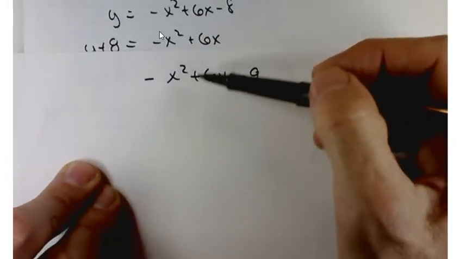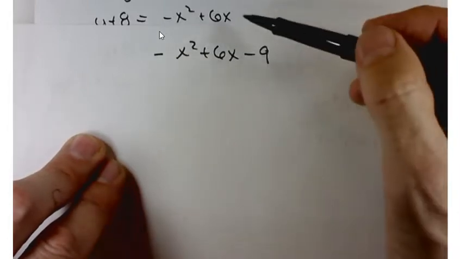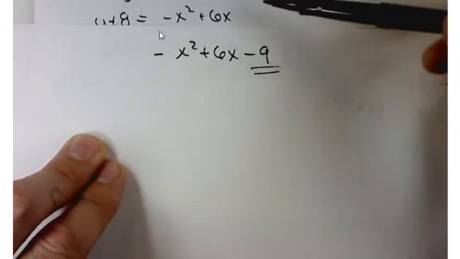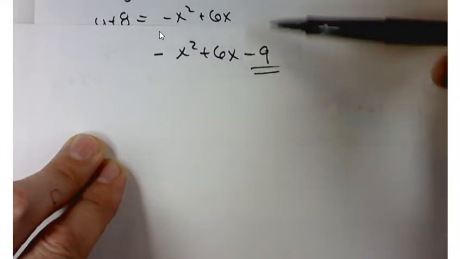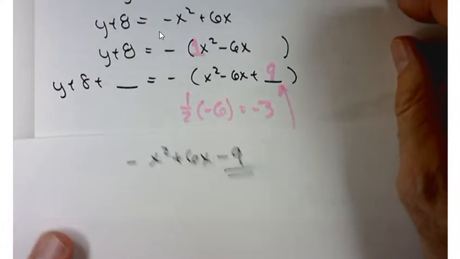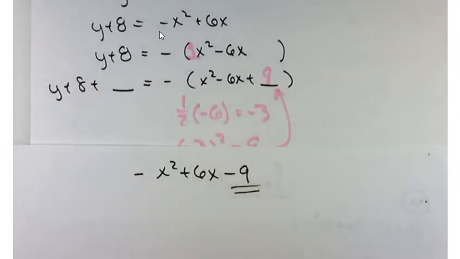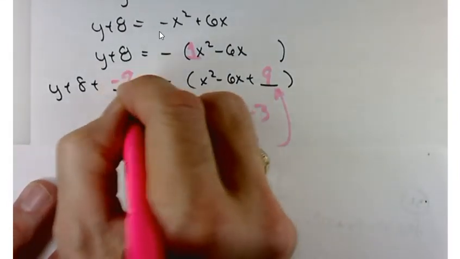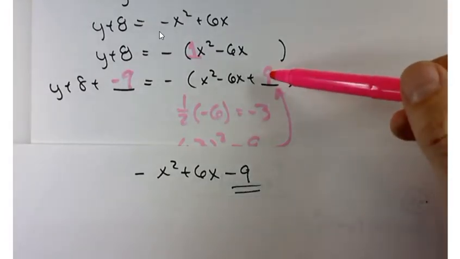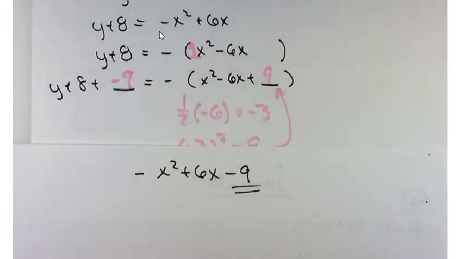Minus x squared, that lines up. 6x, that lines up. What's the difference between this term and this term? You've subtracted 9. So over on the left-hand side, we've also got to subtract 9. You subtracted 9 from the right-hand side by putting the 9 here. You have to do it on the left-hand side.